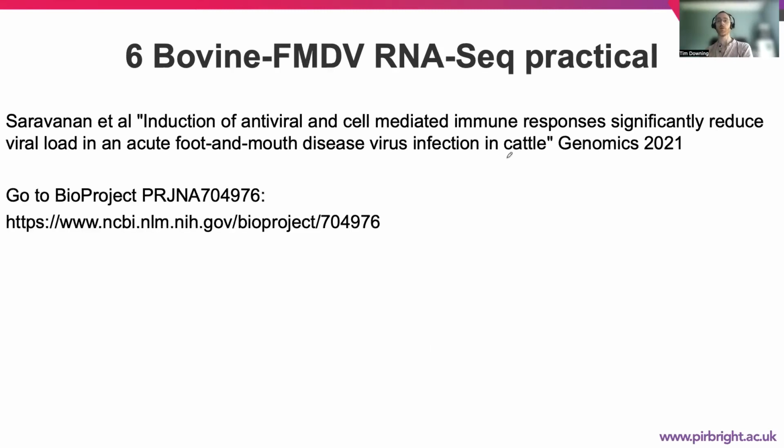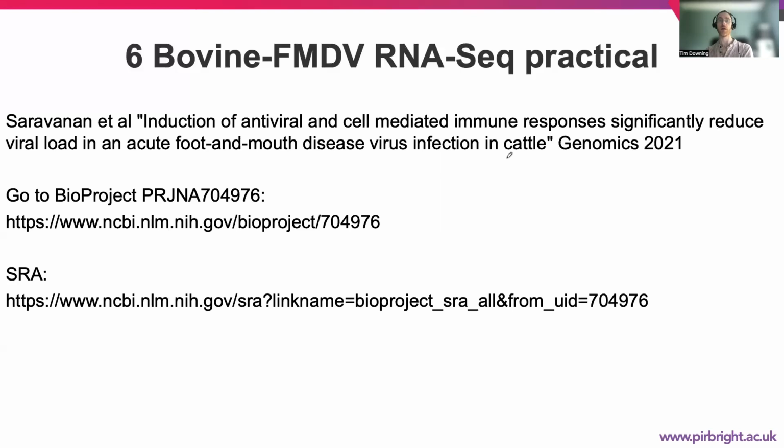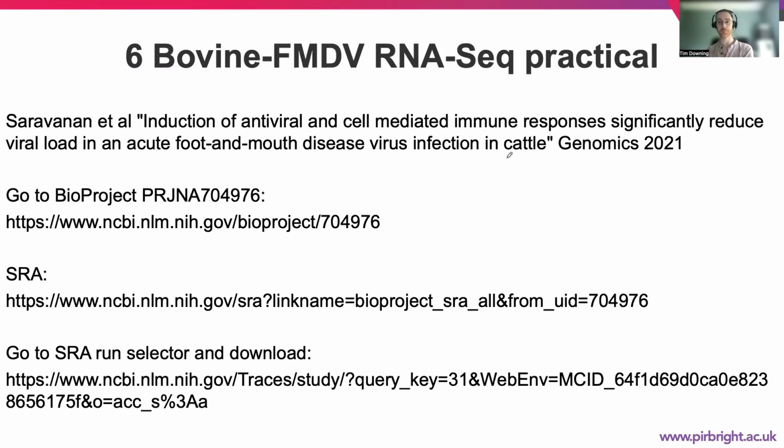We can go to that bioproject ID and download those files from the SRA by getting their file extension names that we can then use with the SRA toolkit via fastq-dump to retrieve those FastQ files.